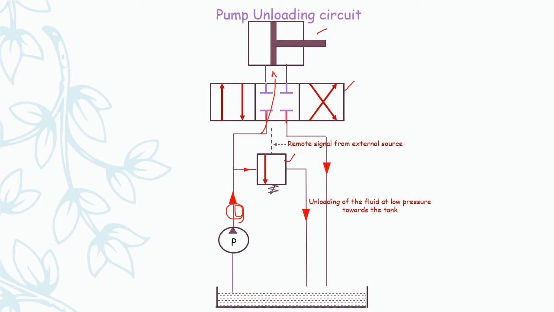So in such a case, the unloading valve is used in order to reduce the loss of pressure. This unloading valve will be actuated with the help of a remote signal from an external source. If a pressure relief valve is present after this unloading valve and the system pressure exceeds, your pressure relief valve will open and the hydraulic fluid will flow back to the tank.